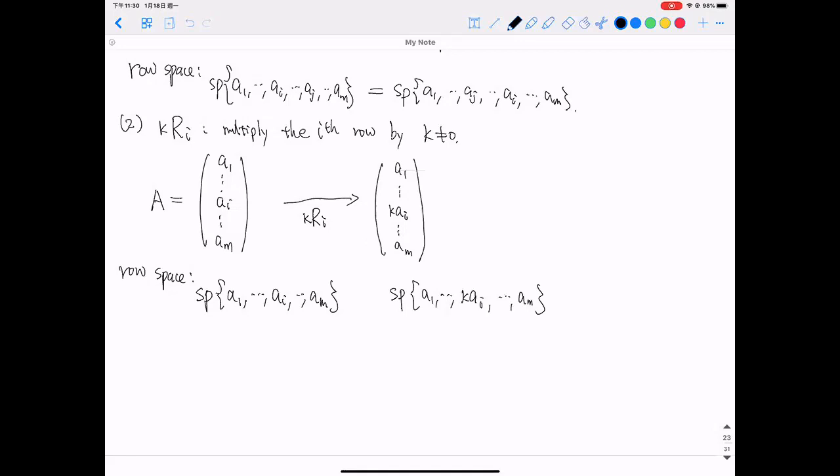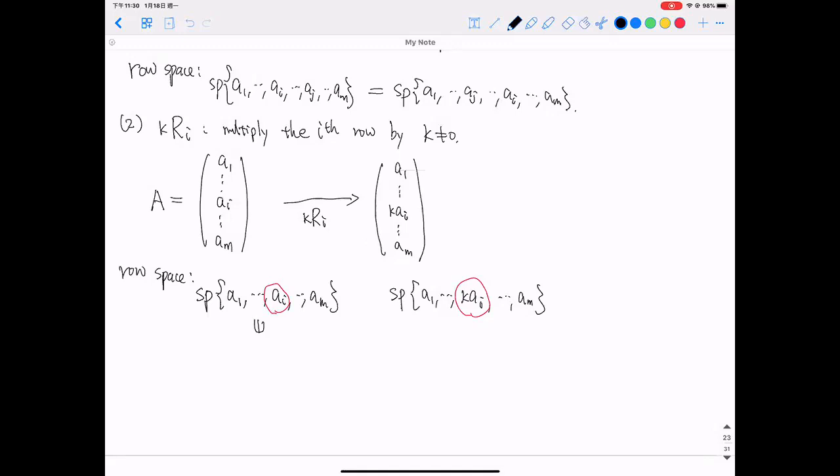You see the only difference between the lists of vectors you use to span is that one is Ai, the other is kAi. So you want to argue that these two spans are actually the same.